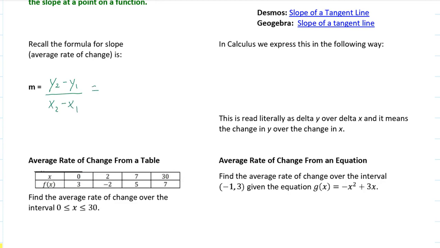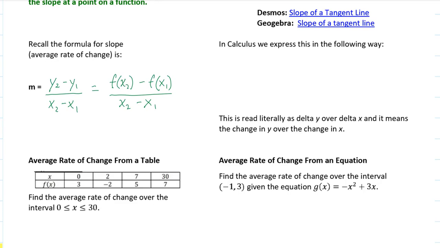And in calculus, it's usually referred to this way: f of x2 minus f of x1. Those are just your y2s and your y1s, all over x2 minus x1. And in calculus, we'll also express this in a slightly different way.